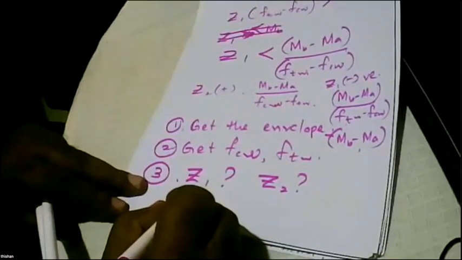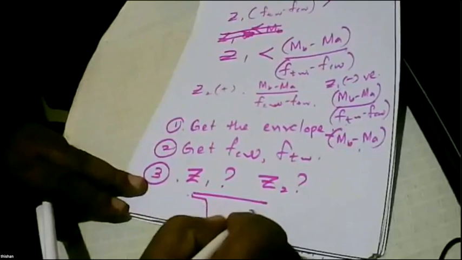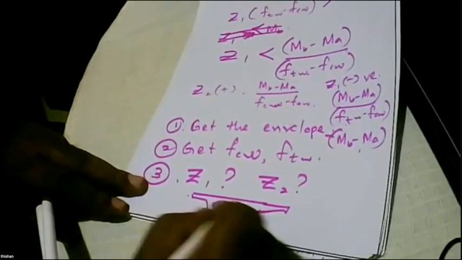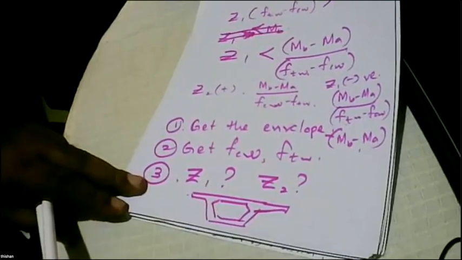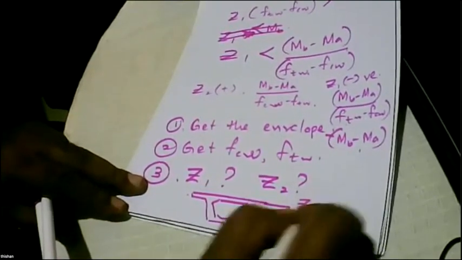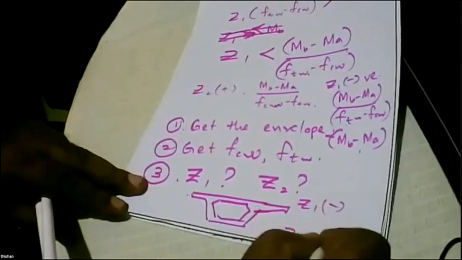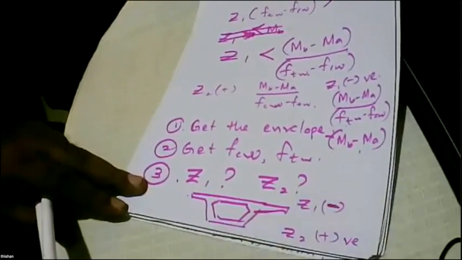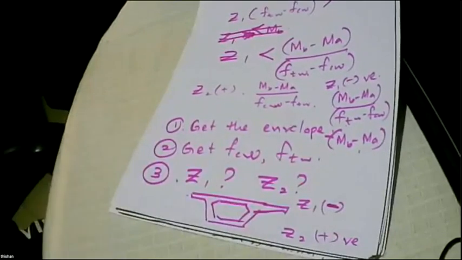You know the range, select a section like this. Calculate Z1, Z2. This is negative, this is positive. Compare these two. Straight away you know whether the section is going to work or not. So you have to select a section where Z1 and Z2 values are as required according to the bending moment range. Is that clear, Bandhu?